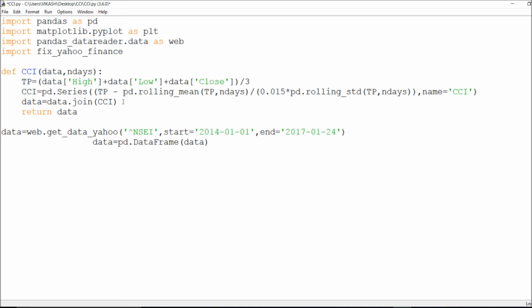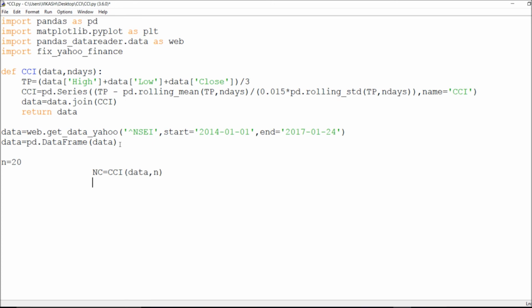So here I'm done with the extraction of data, and that data is in a data frame. Next, what I really want is to print those. I consider the n value of 20, and I will say I want the Nifty commodity channel index, so I need to define it with data and n.